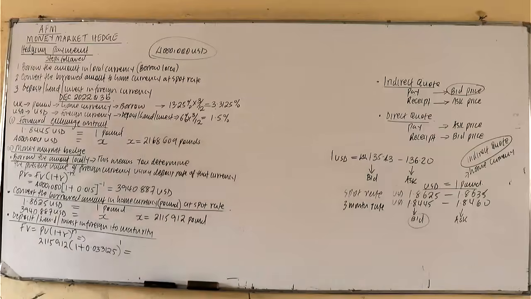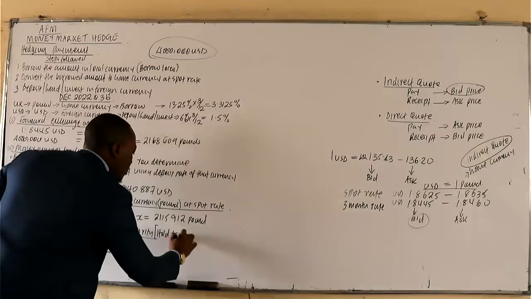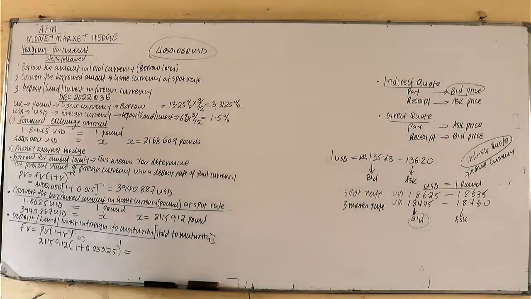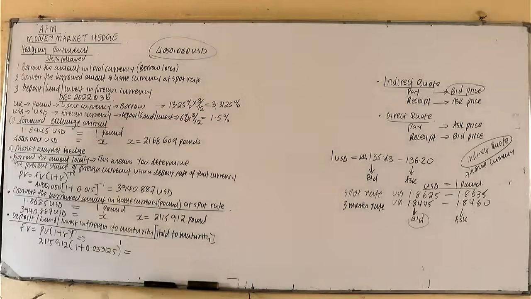This is the amount you need to hold to maturity. So in short, you hold the amount to maturity. This is what you invest now, and since they are in pounds, you use the rate of the pound.